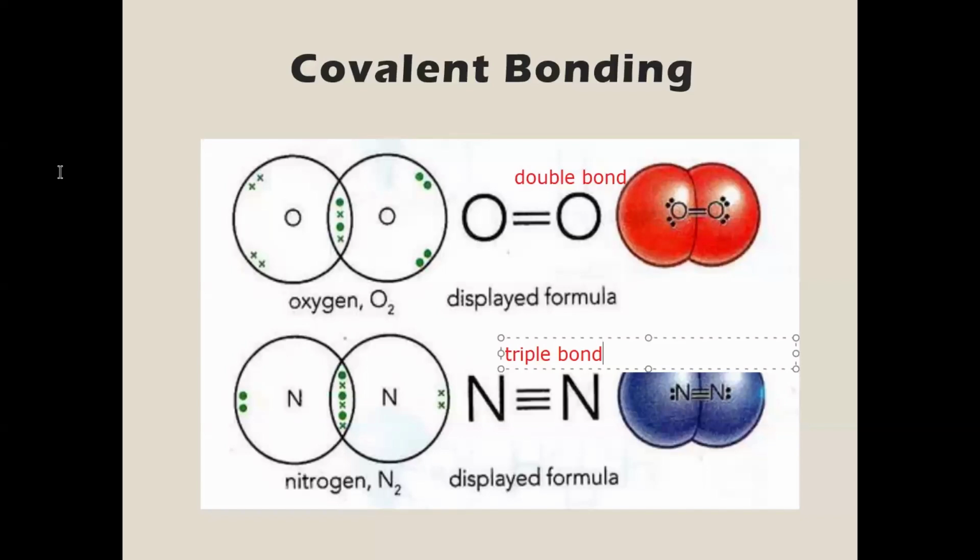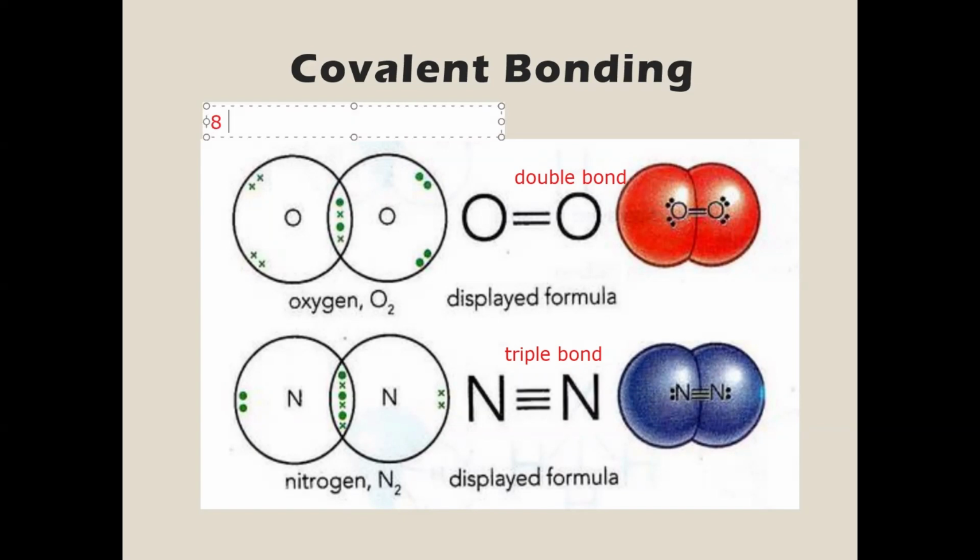Okay, oxygen. The atomic number of oxygen is 8. So the electron configuration of oxygen will be 2 and 6.